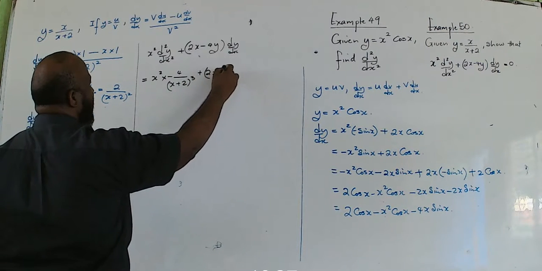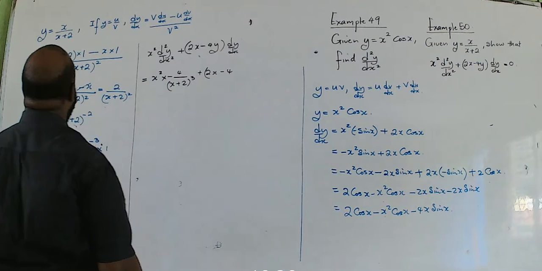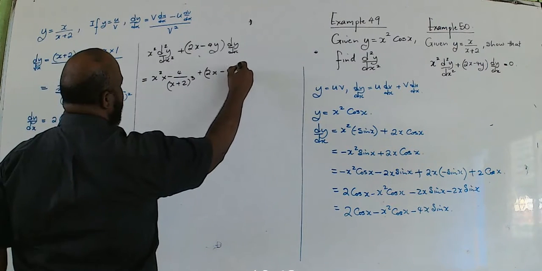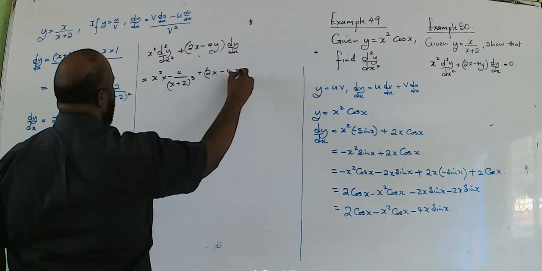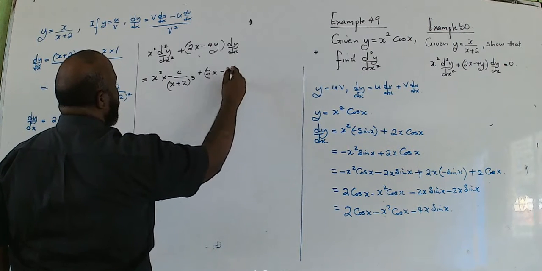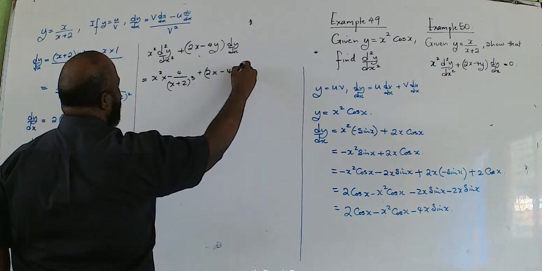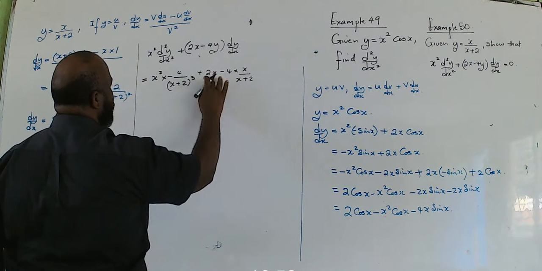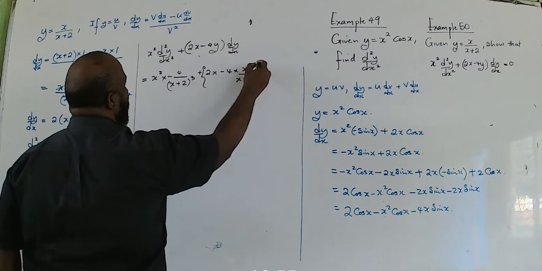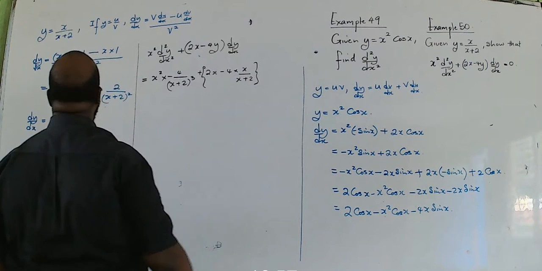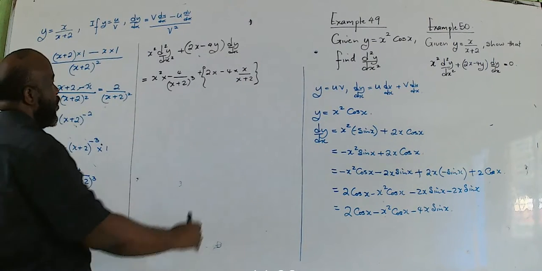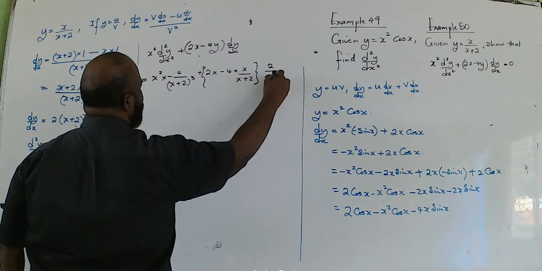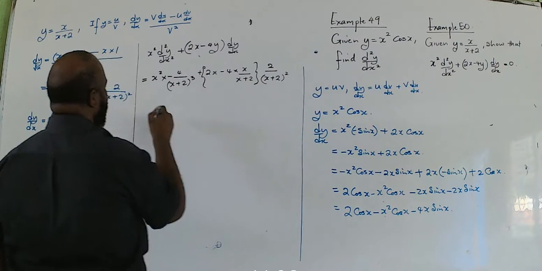2x minus 4 times y. Y is what? X over x plus 2, so 4 times y is 4x over x plus 2, times dy by dx, which is 2 over x plus 2 squared.